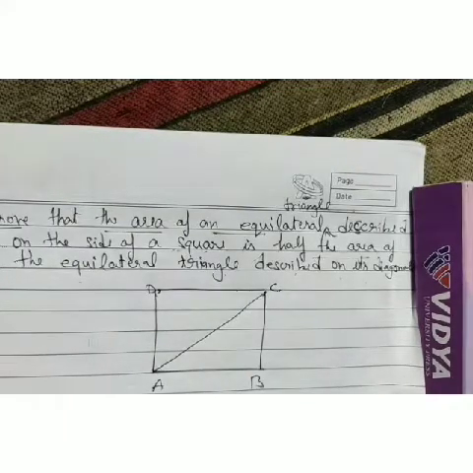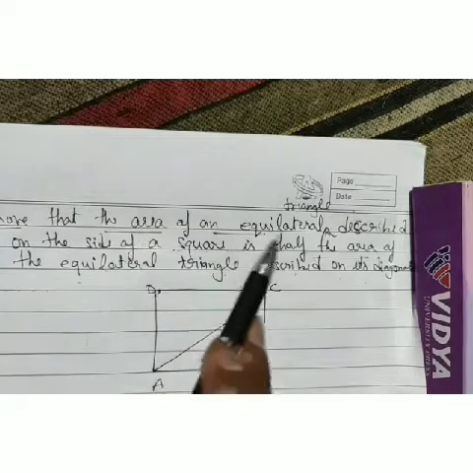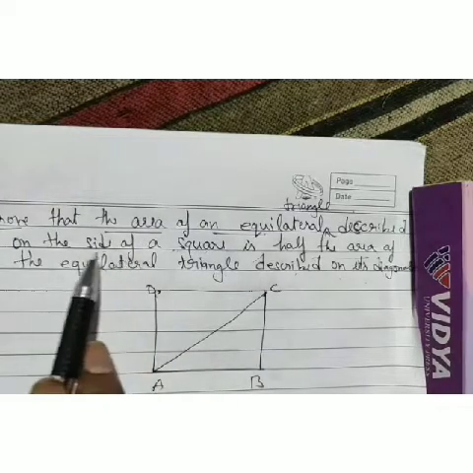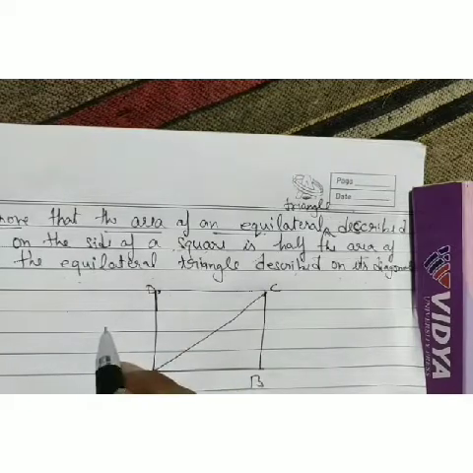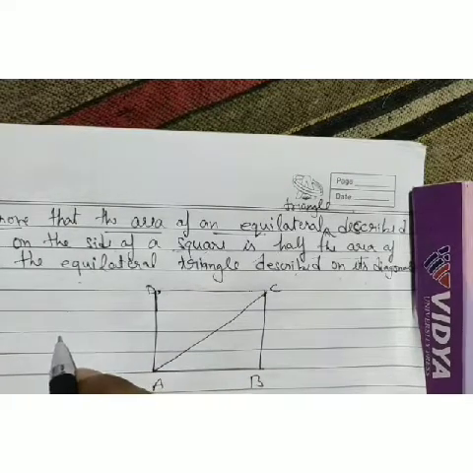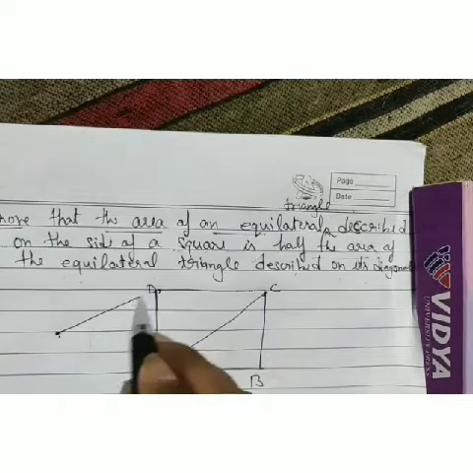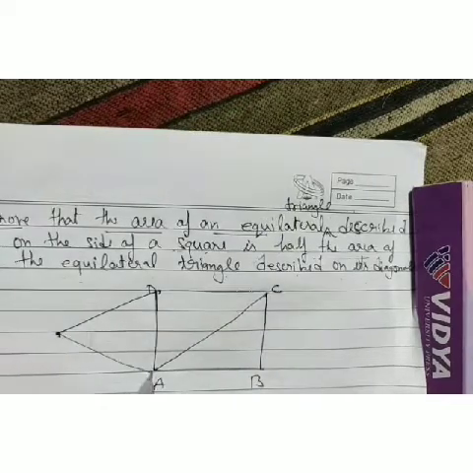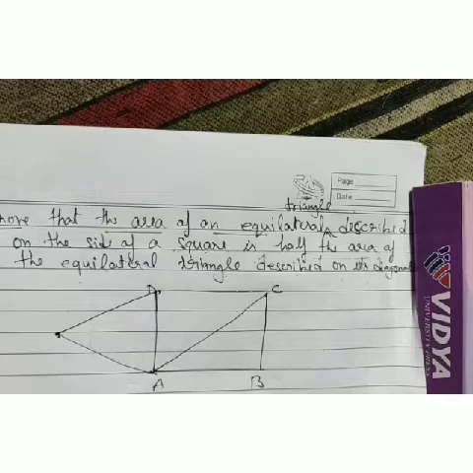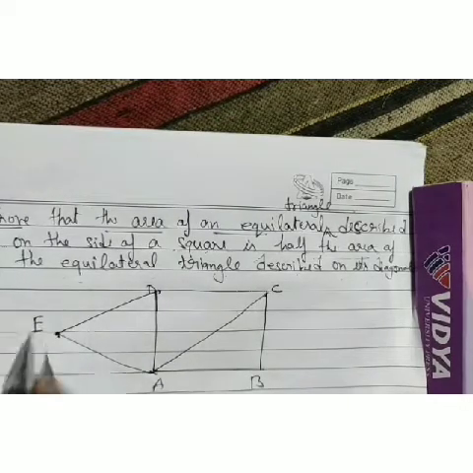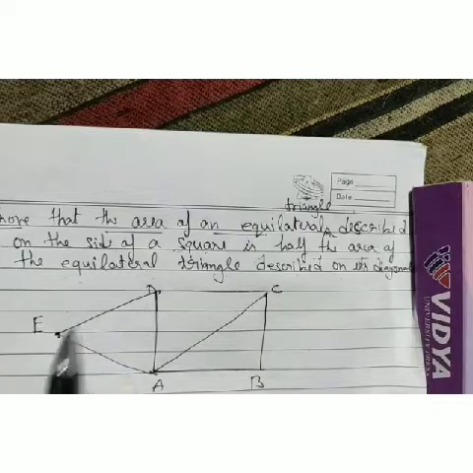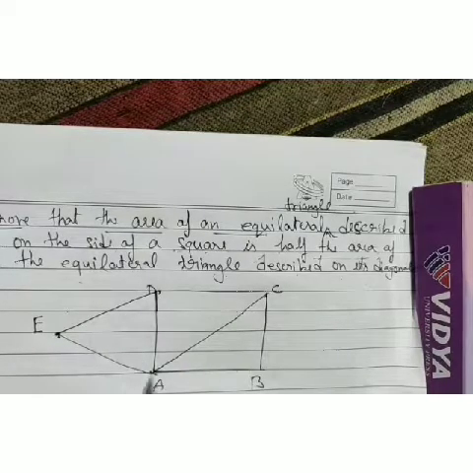Now we have to prove that the area of an equilateral triangle described on the side of a square. This is the side AD. We are going to draw one equilateral triangle here. Take E there. Now triangle EDA is an equilateral triangle on side AD.